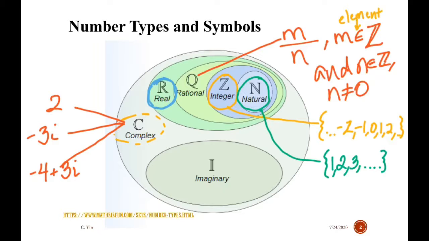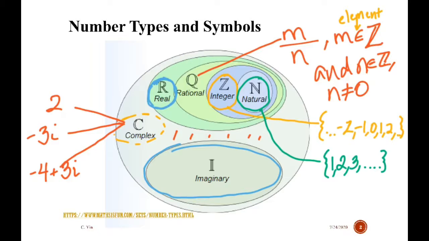And then, of course, the imaginary set that we mentioned earlier as being part of the complex numbers, we also see that down here. That's saying that anytime you have an imaginary number, it's not going to be a real number, a rational, an integer, or a natural, because you see this definite space in between here. So there's no intersection between those two.